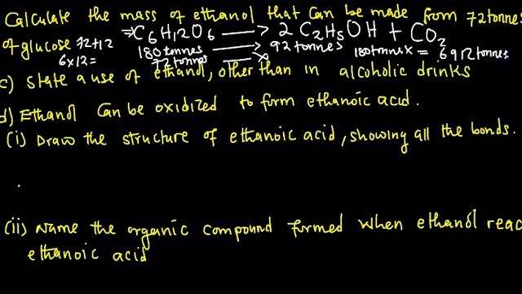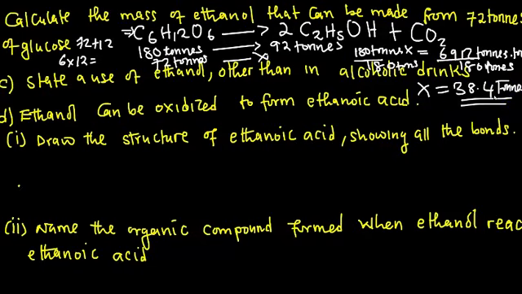Then divide by 180 tons so that we can have our x. So x equals 6,912 divided by 180 tons, and this gives me 38.4 tons.